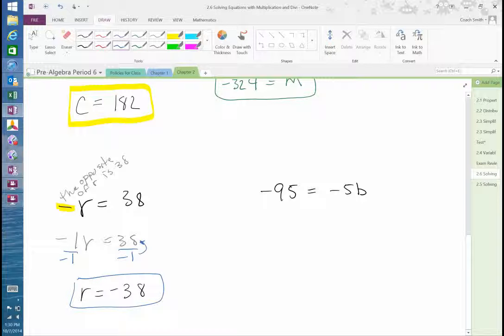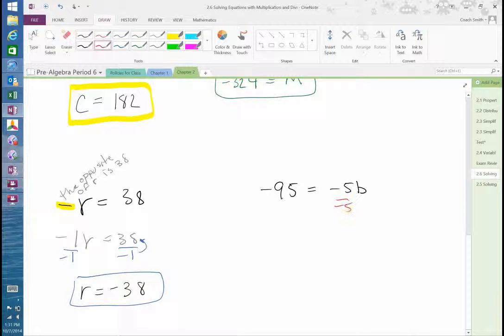Madison, what did you get for the second one? 19. That is correct. We divide by negative 5 on both sides. It cancels on the right side, and I divide negative 5 into 95.